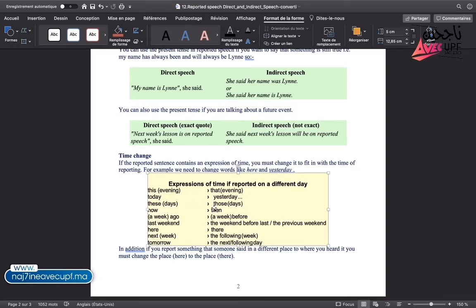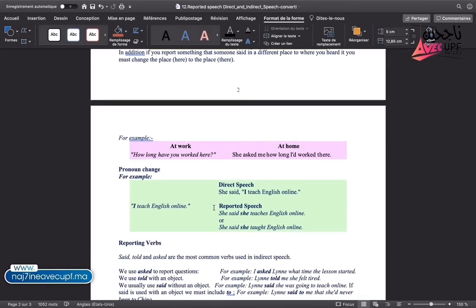Now كتولي then. هذه في indirect speech، يعني فاش كتكون la phrase عندي فيها this, today, these, direct speech، when we transform the sentence into indirect، هذاك le terme this كيولي that. Today, yesterday, a week ago, a week before, here, there, next, the following, tomorrow, the next, ainsi de suite.